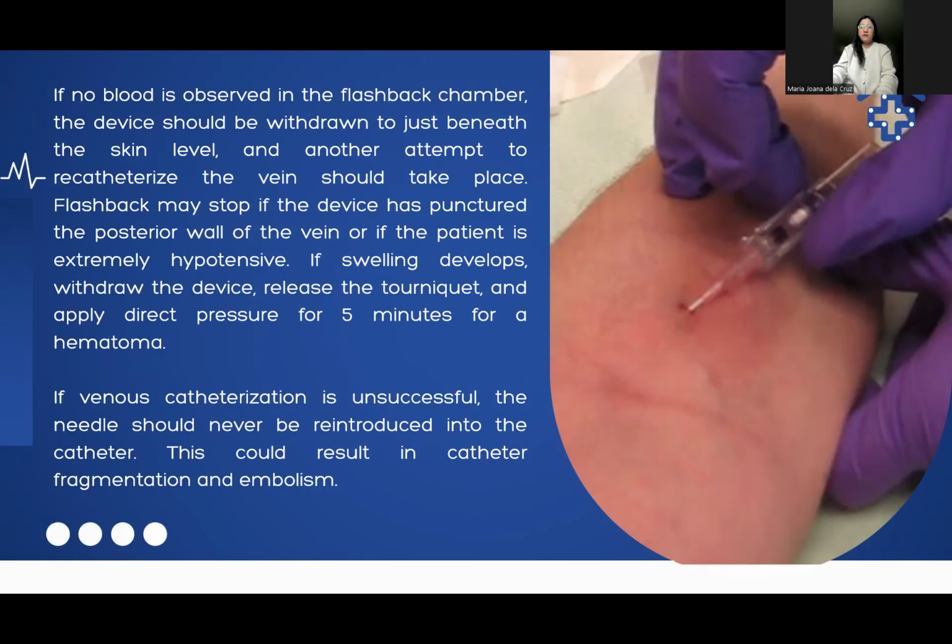If swelling develops, withdraw the catheter, release the tourniquet, and apply direct pressure for 5 minutes for the hematoma not to develop. If venous catheterization is unsuccessful, the needle should not be reintroduced into the catheter. This could result in catheter fragmentation and embolism.